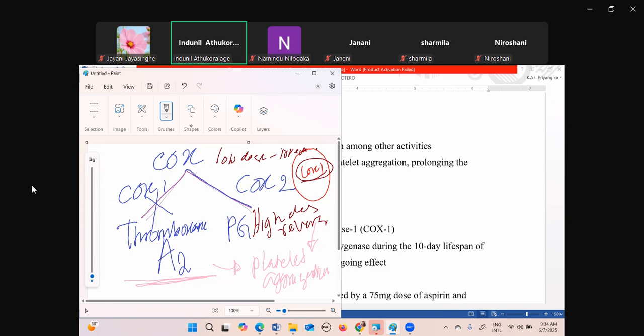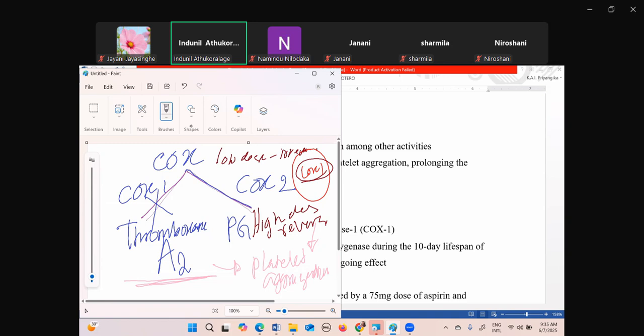For example, if there is a patient who is at risk for cardiac diseases, we don't need to give 300 milligrams if he doesn't have any pain. We don't want to manage pain because he doesn't have any. We want the antiplatelet activity. If we can achieve it with 75 milligram, why should we give more? The other thing is, when we give higher doses, the antiplatelet activity will not be as effective as with the low dose, right? Therefore, we use 75 milligrams.